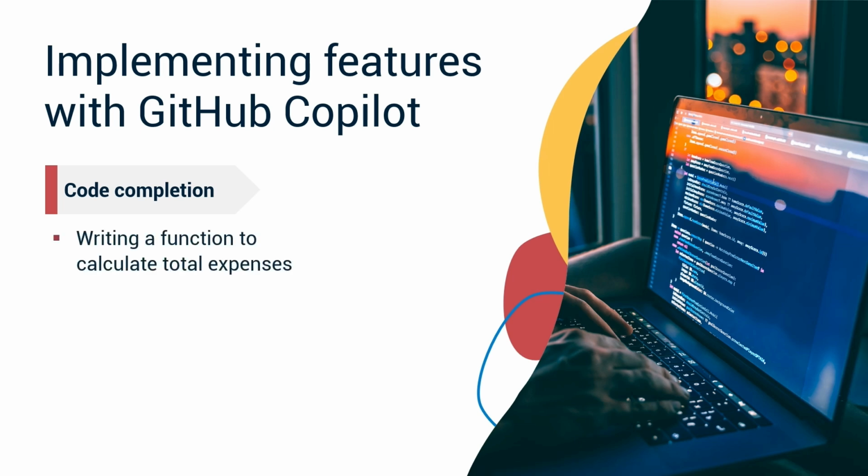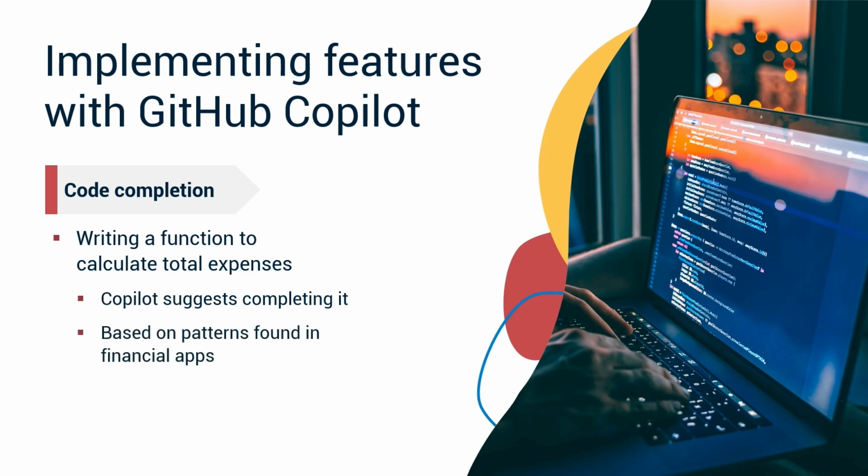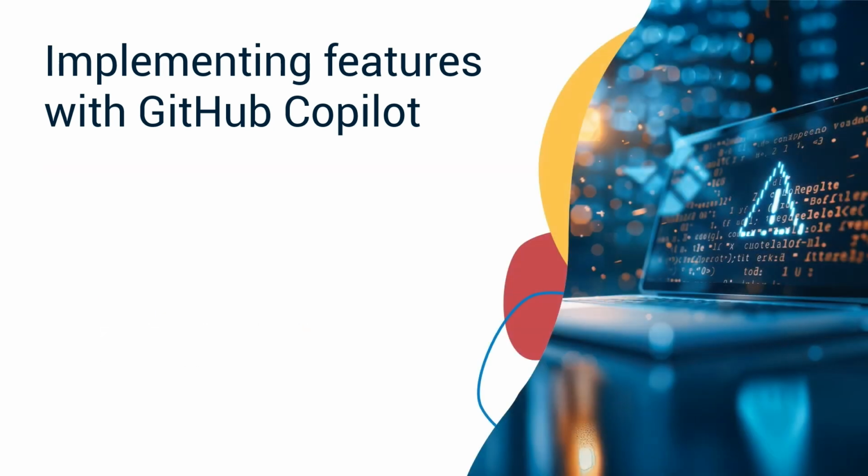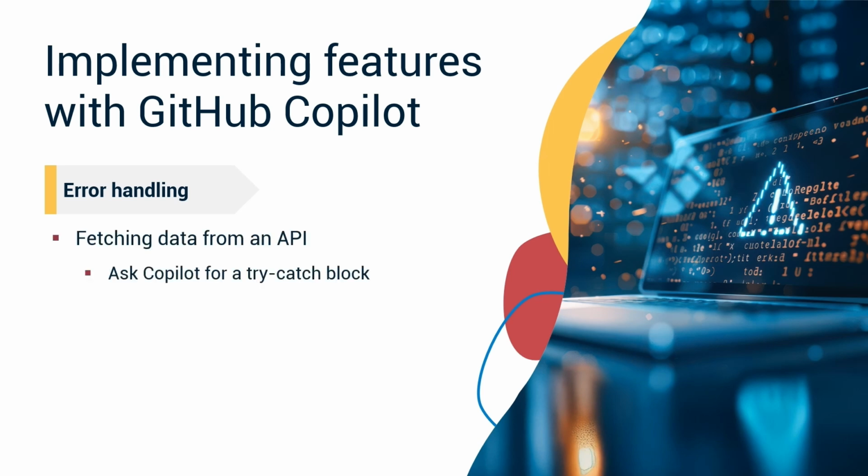When writing a function to calculate total expenses, Copilot suggests completing it based on typical patterns found in financial apps. As a developer, you need to handle potential errors when fetching data from an API and ask Copilot for a try-catch block, which Copilot provides with appropriate error handling code.